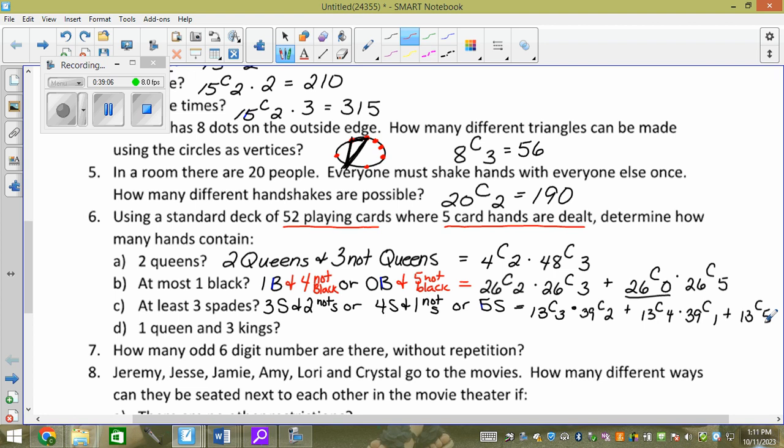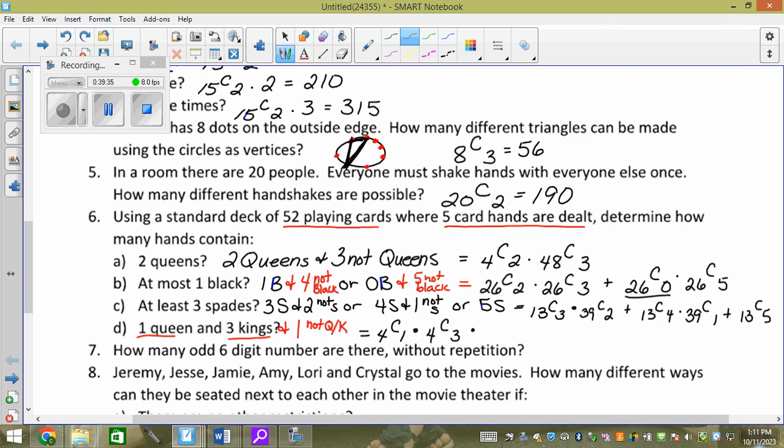What's the problem with D? 1 queen, 3 kings. You're missing a card. That's only 4 cards, correct? So you need to and 1 what? Not queen, not king, yeah. So how many queens are there? 4 C1, and 3 kings? 4 C3.